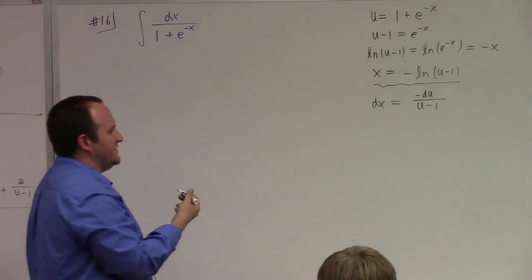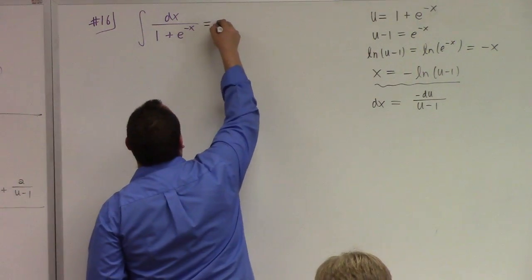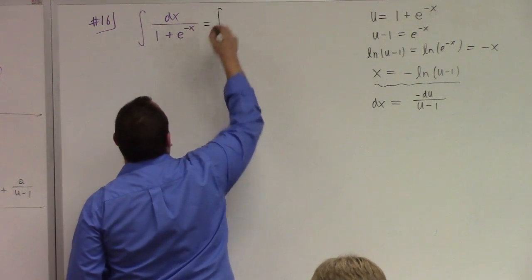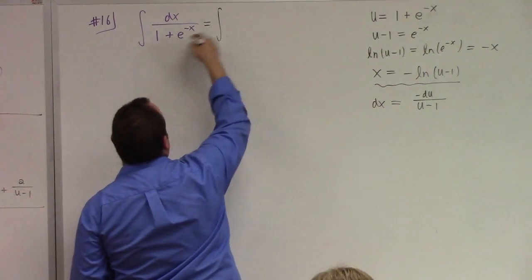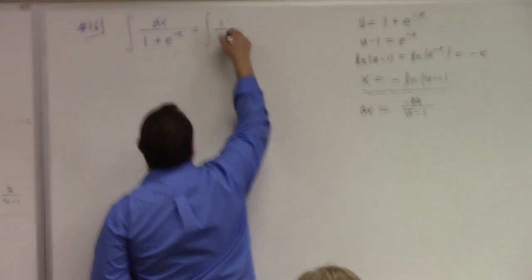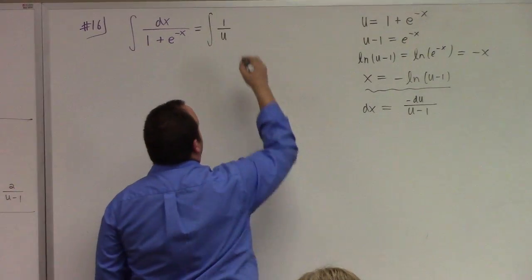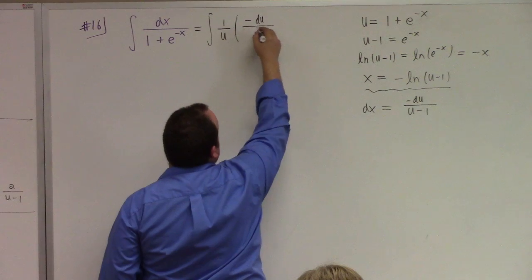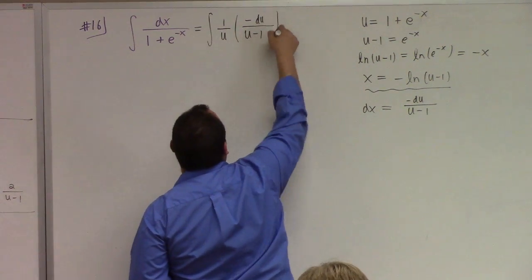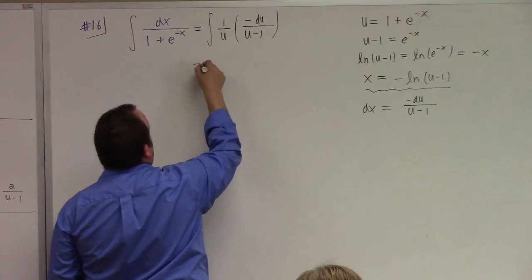Let's see what happens if we actually do this. So this is going to be the integral, and this is 1 over u, then times dx. What's dx? Minus du over u minus 1. Let me clean this up just a bit.